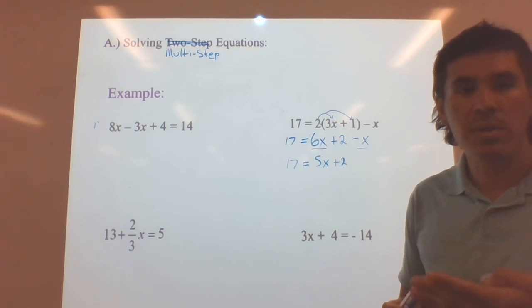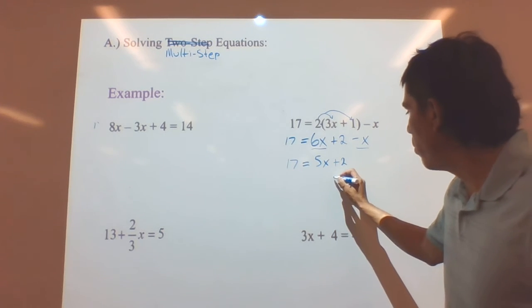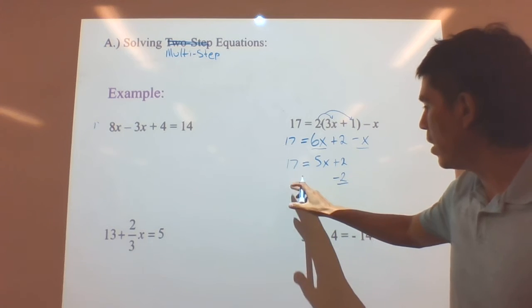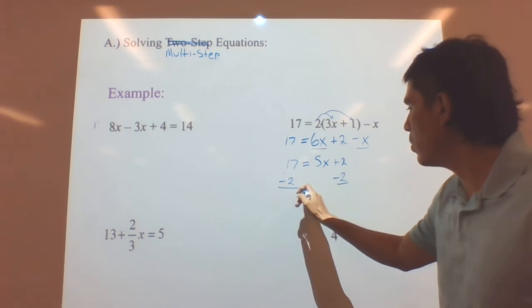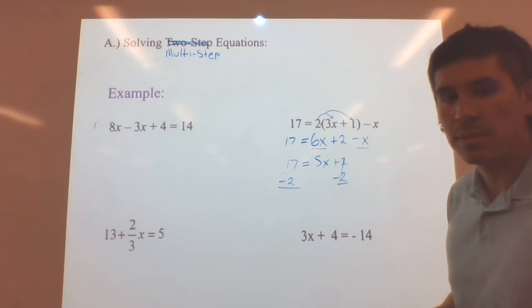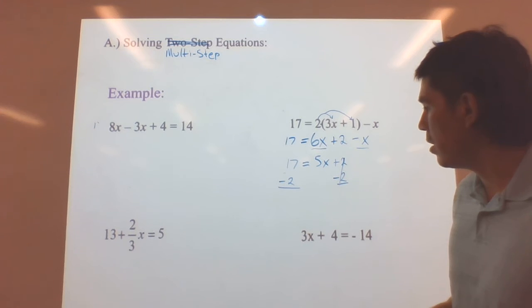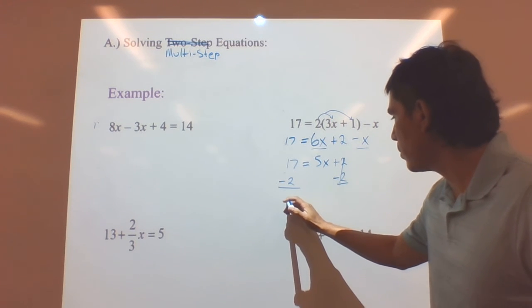I do that by doing the inverse. The inverse of plus 2 is minus 2. What I do to one side, I do to the other. So minus 2 cancels. It's 0. Over here, what do I get? 17 minus 2. That's 15.